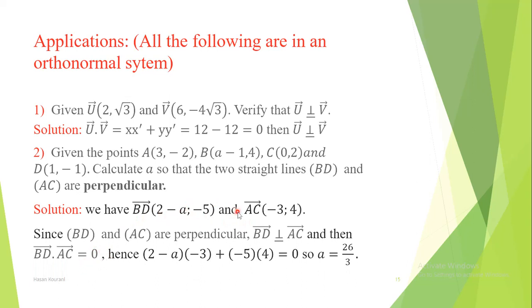Since we are given the coordinates of these two vectors, we can easily apply the analytic definition, which is x x prime plus y y prime equals 0. After calculating, we are going to get at the end the value of A, which is 26/3 in this case.